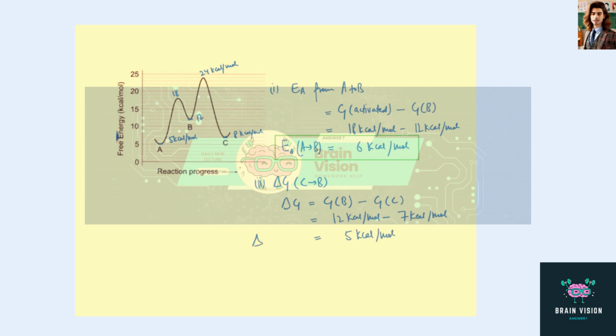So that will be the delta G, that is change in overall energy from C to B.